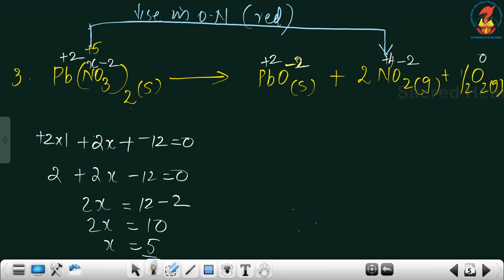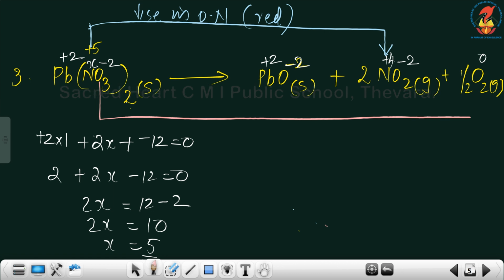Now see the case of oxygen. Here it is -2, here also -2, here also -2, but here we have oxygen in the 0 oxidation state. So there is a change: we start from oxygen on the left hand side and end exactly on the 0 oxidation state oxygen.